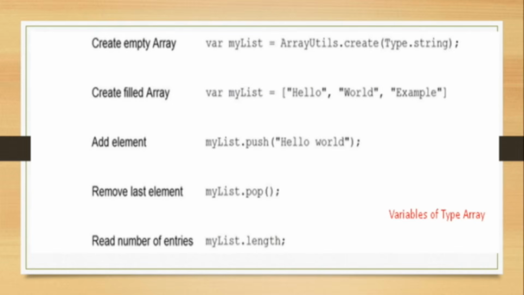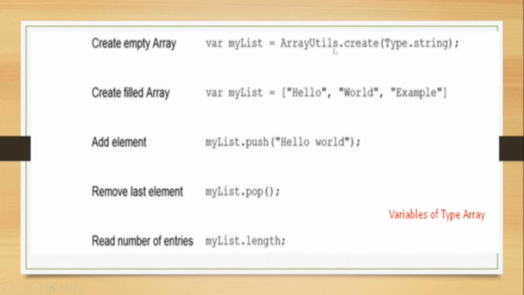Let's explore some actions which we can perform on the array. First of all, let's find how to create an empty array. If we want to declare an empty array, we use var and then myList, which is the name of the array variable. After that, we can use ArrayUtils.create and then Type.String. This will create our empty array.